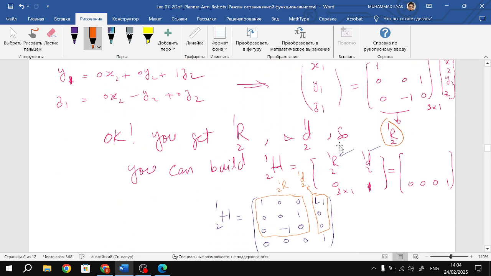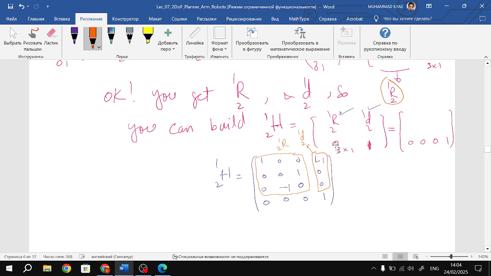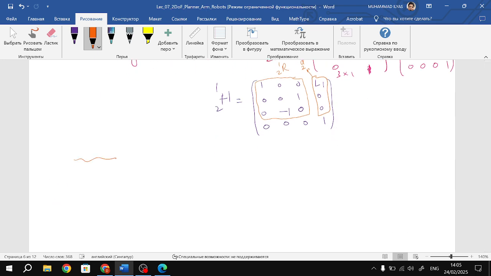Okay, we have found HTM 1 to 0 and HTM 2 to 1, and now next we find the last one, the 3 to 2 HTM, because only then do we multiply them backward and find the HTM from 3 to 0.